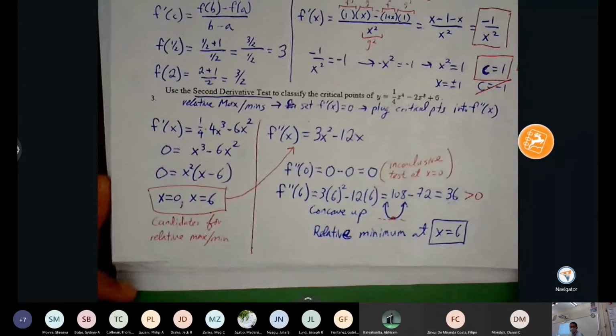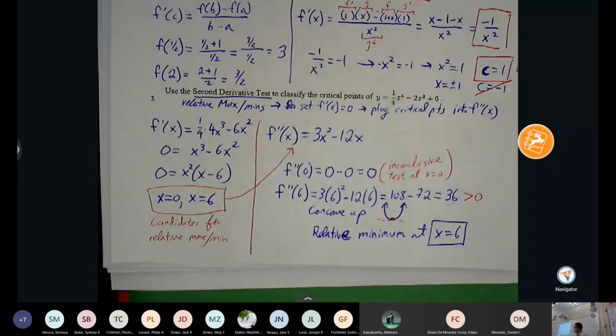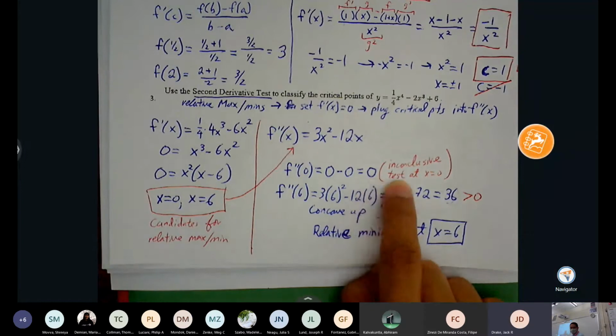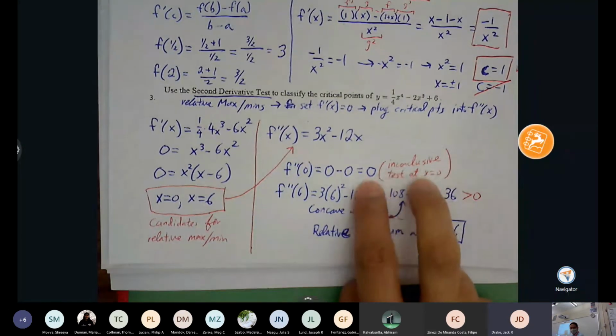All right, questions with number 3? So if you get 0 for one of the f double primes, just don't even think about it. Just go to the next one. That's right. Just say that it's inconclusive.